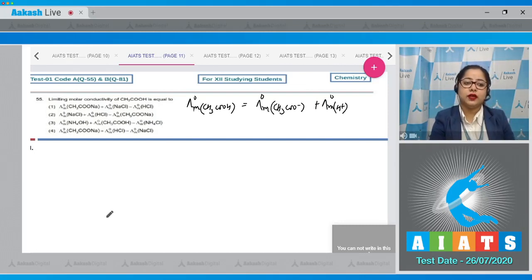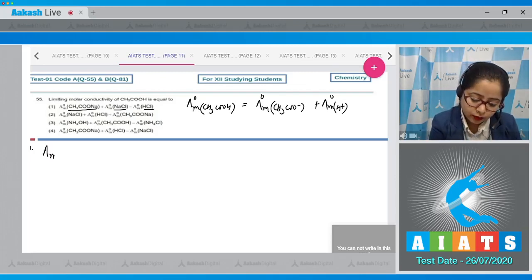Now students, we are given some compounds. First is sodium acetate, that is CH3COONa, then NaCl and then HCl. So using the limiting molar conductivities of these compounds, we have to calculate the limiting molar conductivity of acetic acid.